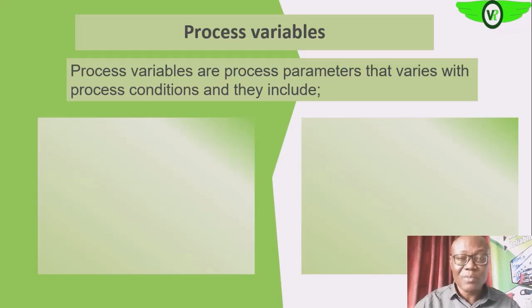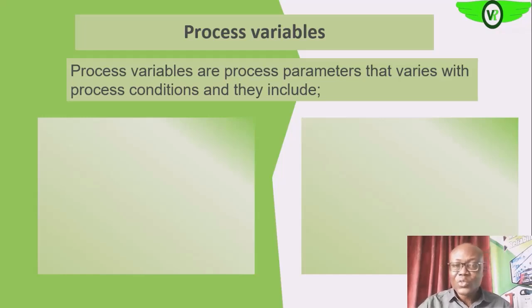And once the outcome of the process is affected, it means that the desired output from the process may not be achieved, or will not be achieved. So these parameters that vary with process conditions and can affect the process are called process variables.